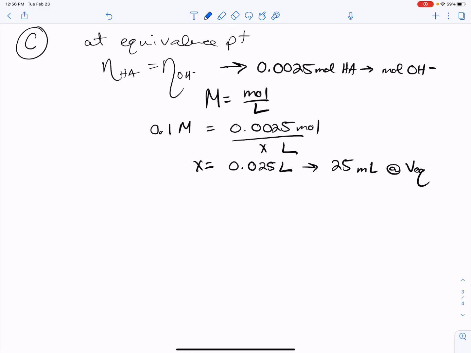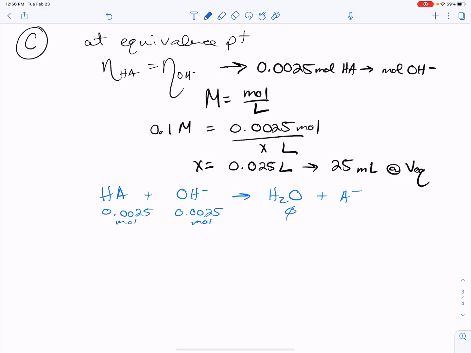So next, let's start reacting our species together. So we have HA, and we are adding hydroxide to it to form our water, which we don't really care about, plus our base. We're going to start out with 0.0025 moles of our weak acid, and we're also starting out with 0.0025 moles of our strong base.